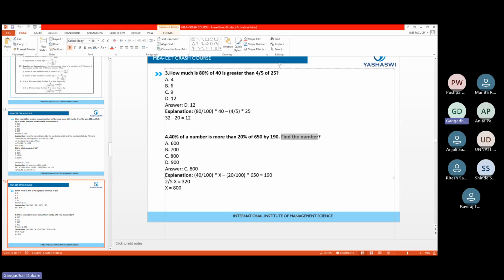The number is more than 20% of 650 by 190, so x minus 20 by 100 into 650 equals 190. So the equation gives x equal to 800.